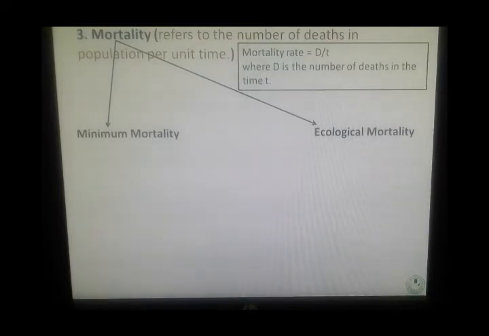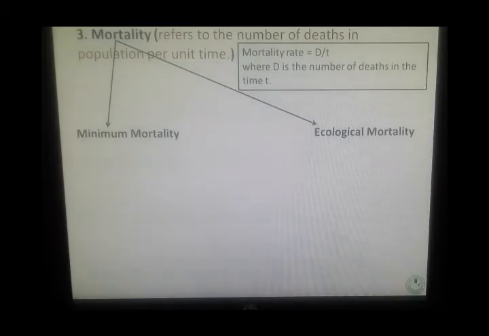But in case of the first category, the minimum mortality, it refers to the mortality of the individuals in the population under ideal or non-limiting conditions of the environment. So where can you get the minimum mortality?